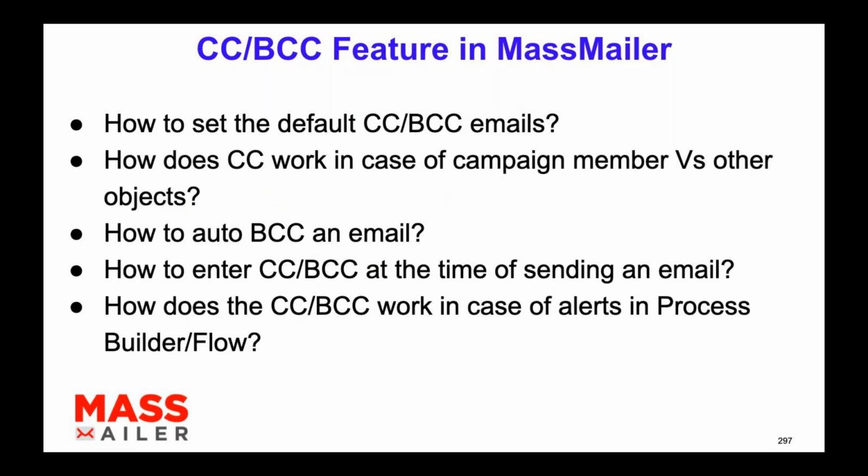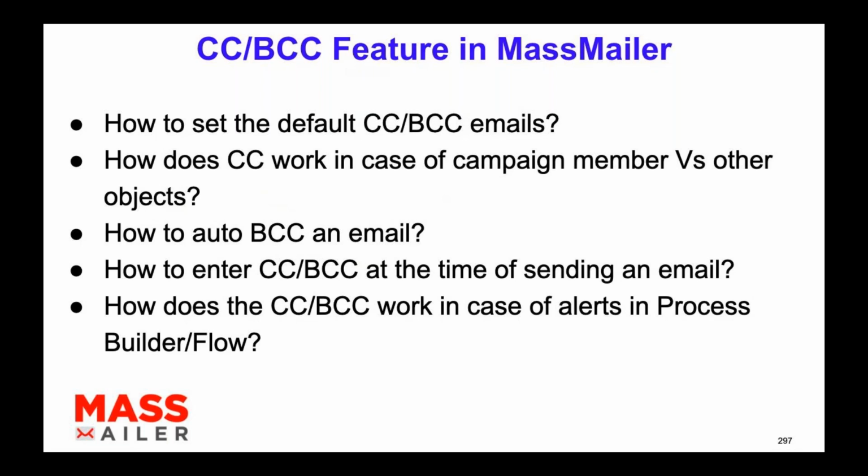If you are familiar with MassMailer, there is a difference in the way you send emails to campaign members versus any other object, such as a single object, whether it is a lead, a contact, or a custom object. So how does the CC really work in the case of campaign members versus the other objects?